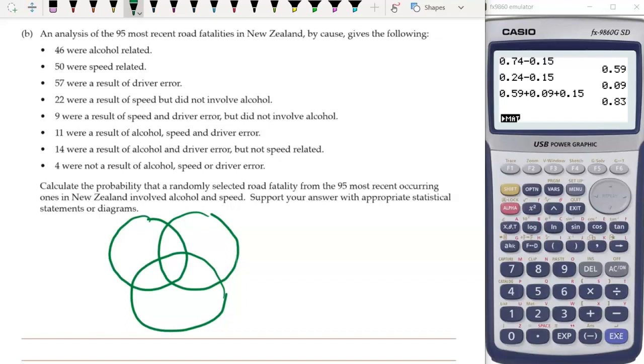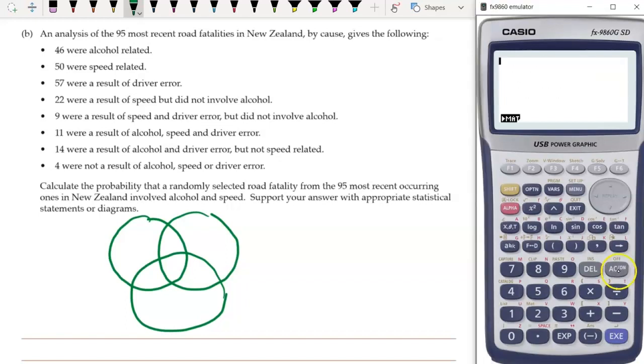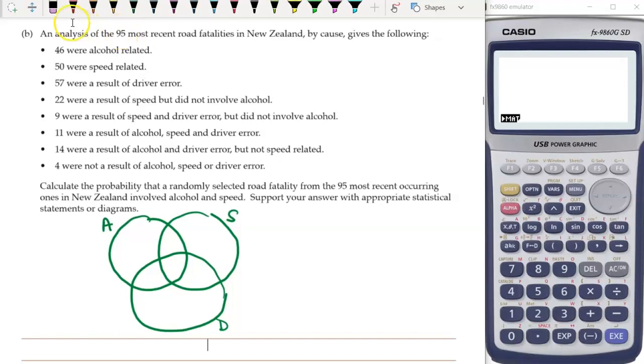Okay, so this is road fatalities, whether they involved alcohol, speed, or driver error. So let's go with alcohol, speed, and driver error to label our circles. Now we're going to work through these bullet points and add them to the diagram as we go. Sometimes they're in an order that helps, and sometimes it's not, so we might jump around a little bit.